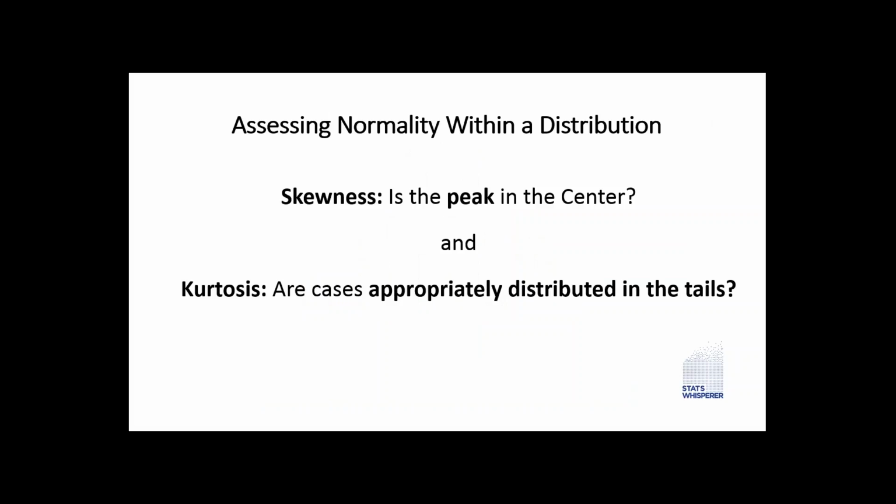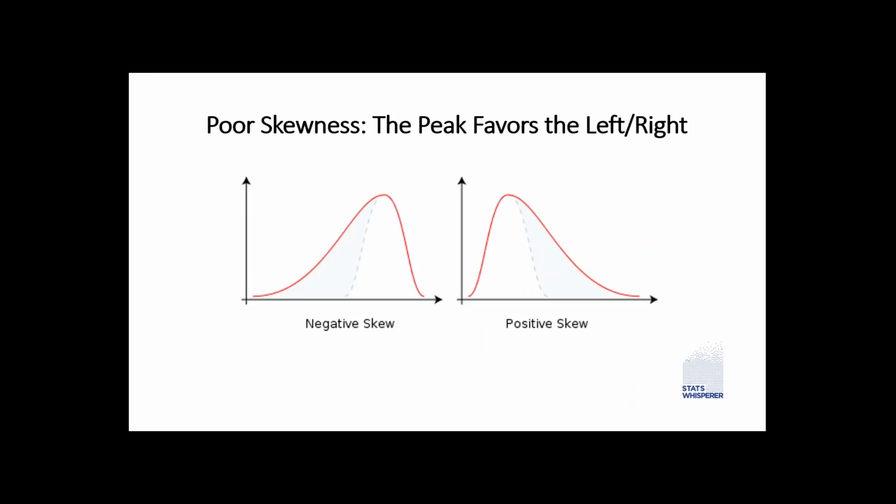Now, let's look at things that impact the normal distribution, okay? So you have the skewness and the kurtosis. Skewness is the peak. Kurtosis is how cases are distributed along the continuum to the tails. So bad skewness could be when the peak favors the left or the right.